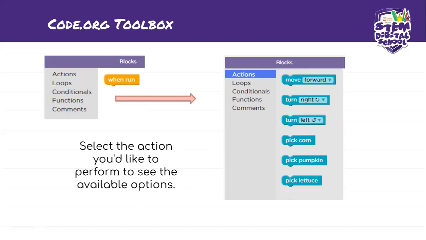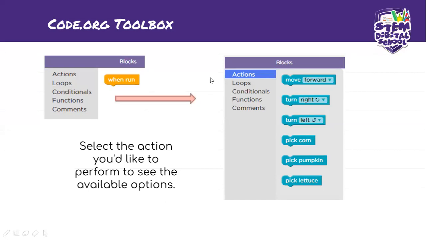So I've got actions, and now inside actions, I will have move forward and right, pick corn, pick pumpkins, pick lettuce. And in this case, it will be a little bit differently because we are going to draw. So maybe there will be jump or draw or move. So it depends on what actions are available.